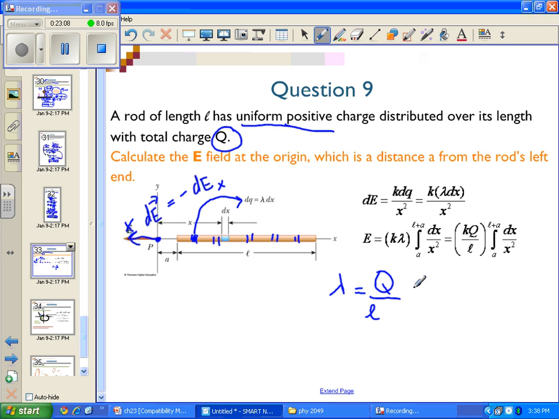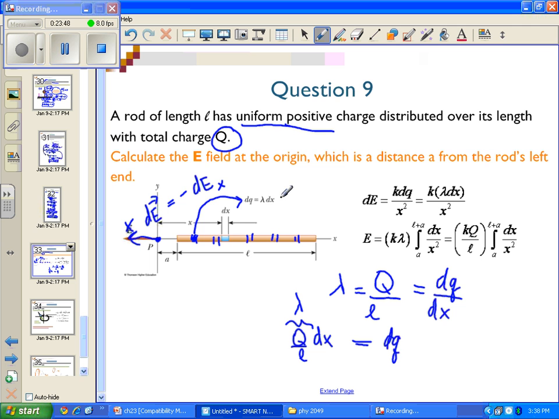It is also true that lambda, because this is a constant, is equal to the infinitesimal quantity of charge, little dq, over infinitesimal length, little dx. And so what I can do here is make a substitution for dq. If I solve for dq, dq is equal to Q over L times dx. And Q over L, don't forget, is lambda, because that's how we defined it.